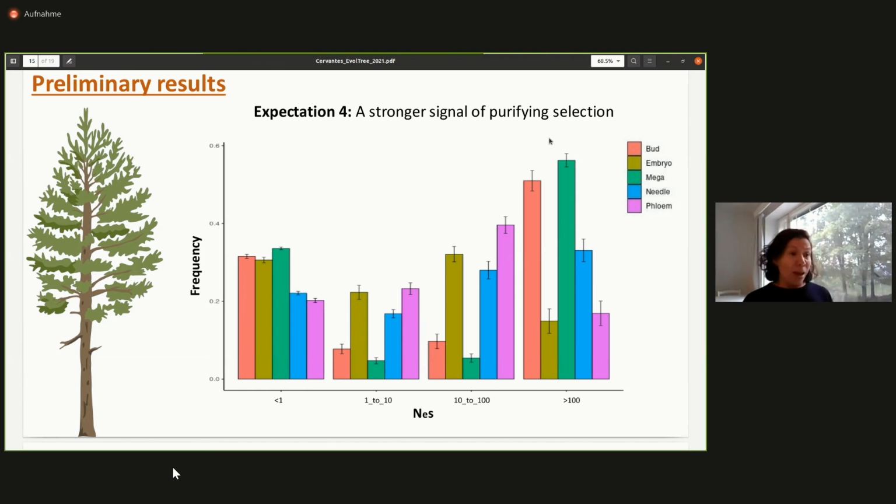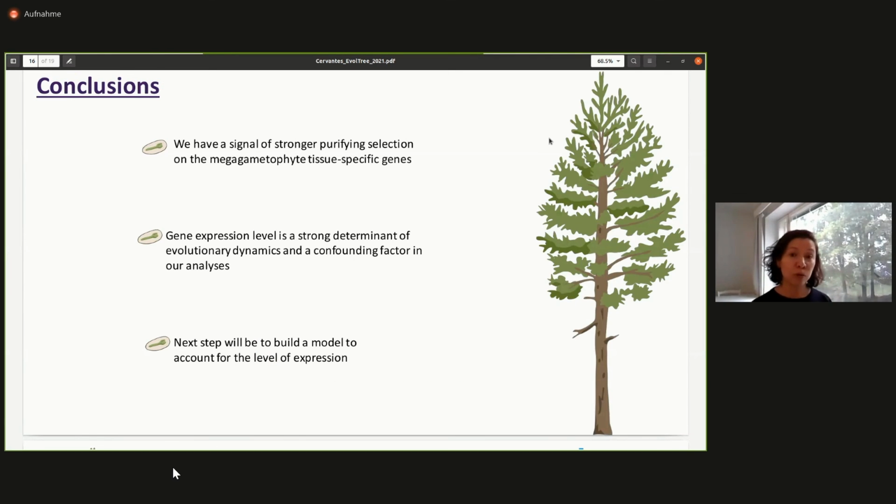So, some conclusions. We were able to detect a strong signal of purifying selection in the megagametophyte tissue-specific genes, but the rest of our results are confounded with the level of expression.